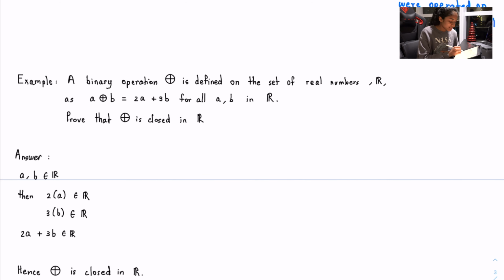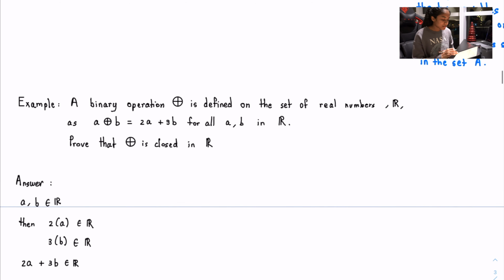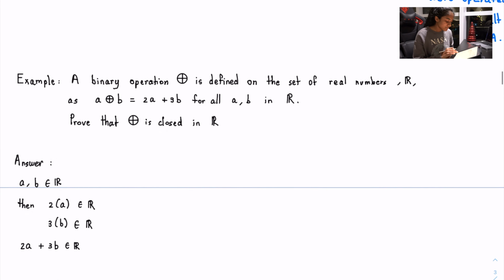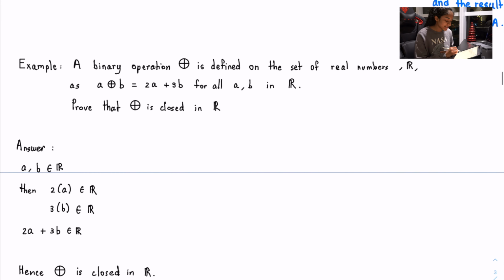And that's how we get 2A plus 3B are elements of R. And that's how we get to the conclusion that this operation is closed in R, meaning that even after the operation is complete, we know that the answer would still be an element of the set of real numbers. Okay, that's all it really meant.